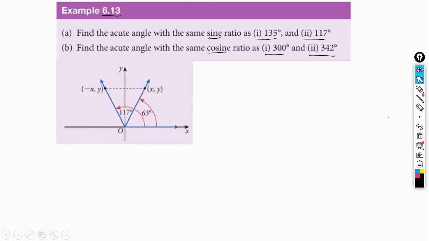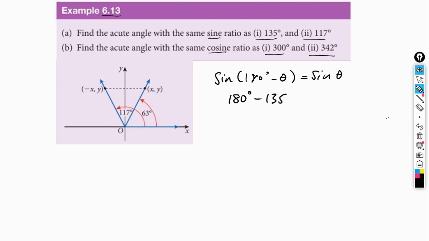So for part A, let's recall that sine is positive in the first and the second quadrants. Hence, we have the identity sine of 180 degrees minus an angle theta is equal to sine of theta, where theta is an acute angle. Then we have that 180 degrees minus 135 degrees is going to equal 45 degrees.